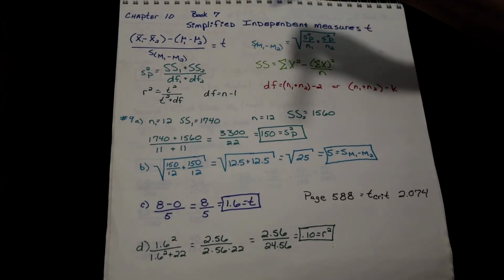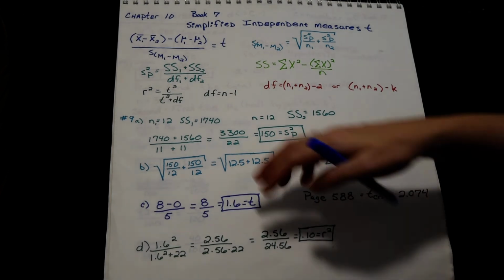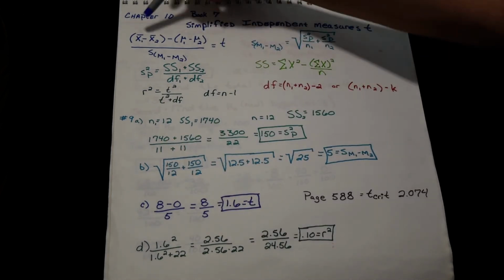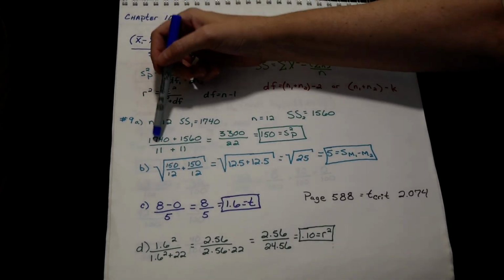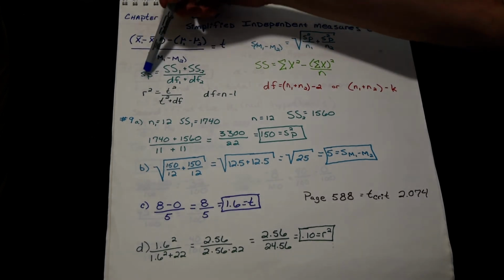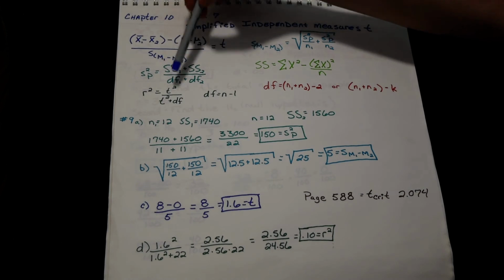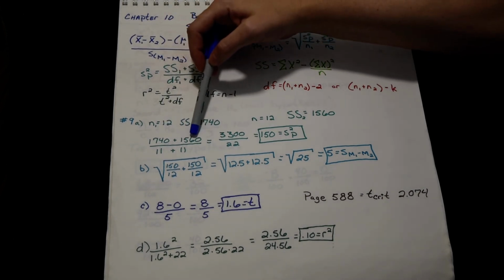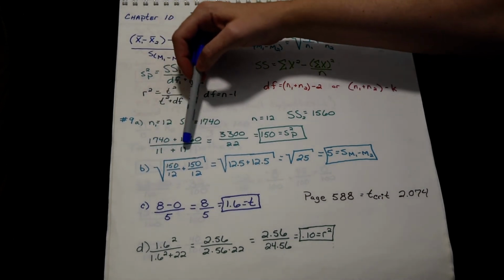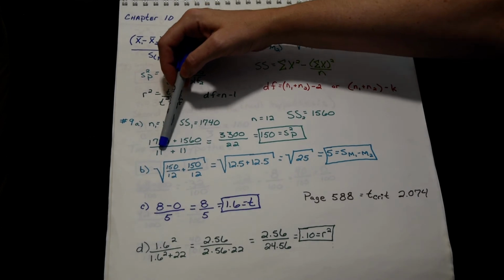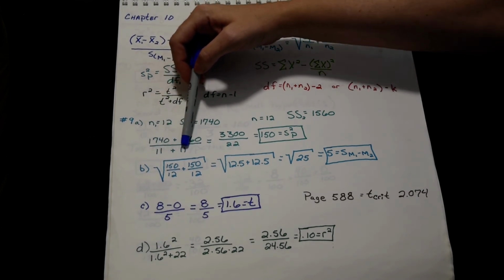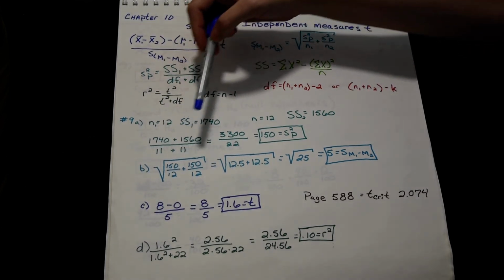Now, we'll see what the numbers do here. First off, we're gonna do our pooled variance. So we have our SS1 and SS2 over DF1 plus DF2, which is just N minus 1 and N minus 1.